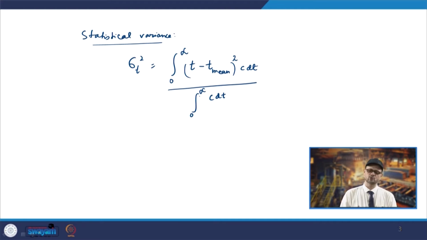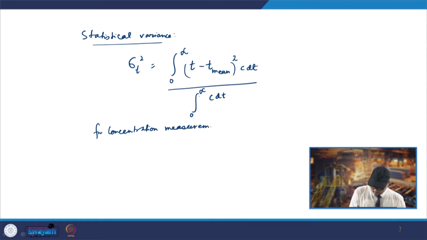Now, if you have concentration measurement at equal time intervals, you again use the term delta t.